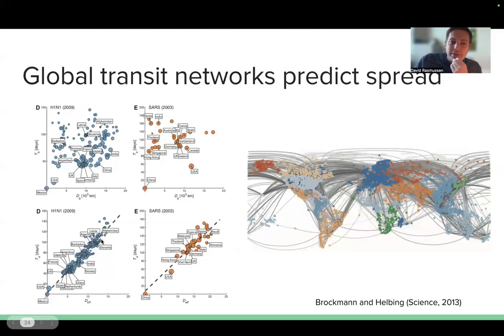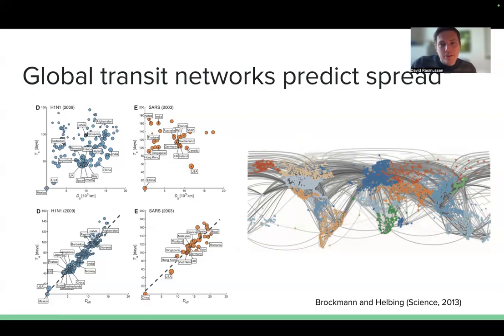a virus to go from any one location in the world to any other location in the world, which is kind of cool. It suggests, first off, that we're getting genuine insights into the spatial epidemiology of these pathogens from genomic data, that we can actually learn what factors predict the spread of these pathogens from genomic data.